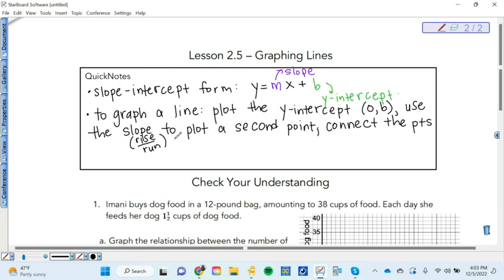So again, sometimes we'll be given an equation and we need to graph a line, but then other times we'll be given a line and we need to write an equation. So to write an equation, it's kind of just the opposite. So first we need to calculate the slope.